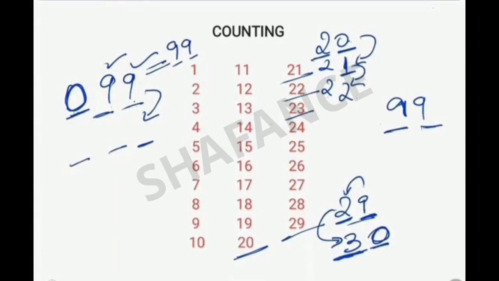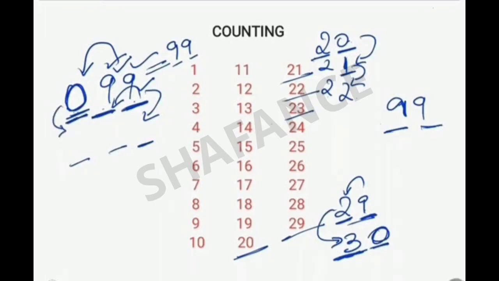So now since this is at maximum, this is at maximum, so we'll increase this place. First we have to go on increasing from right side. We increase this place from 1 to 9, and then after this is at maximum we increase this. Now this is also at maximum, so we increase this place.